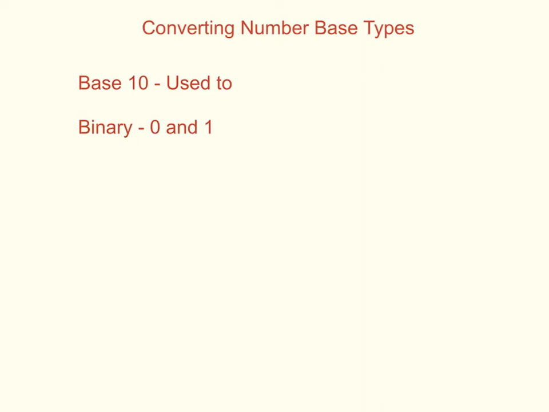The other one we're going to talk about a lot is hexadecimal, which is base 16. This is what is used to make color combinations most often. If you've ever worked with web design, the color codes, that 6-digit code, are made of the hexadecimal system, which we'll talk about a little later.